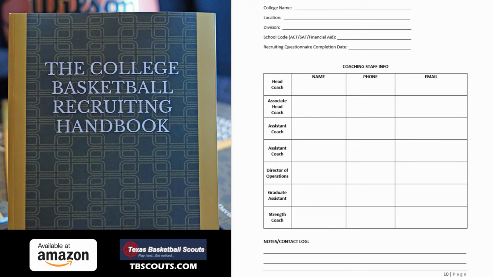They usually delegate that task to one of the assistant coaches or the recruiting coordinator. So those are probably going to be the most important people that you introduce yourself to initially, because they're the ones in charge of the recruiting. So whenever you do find a school, make sure that you find that staff member that's in charge of the recruiting so that you can start to develop that relationship.